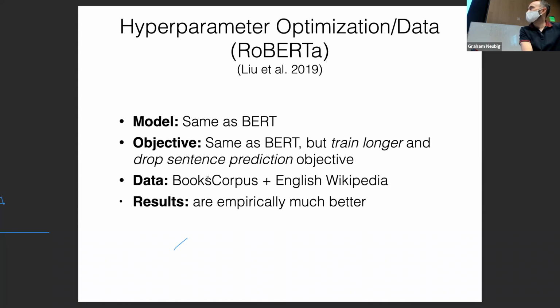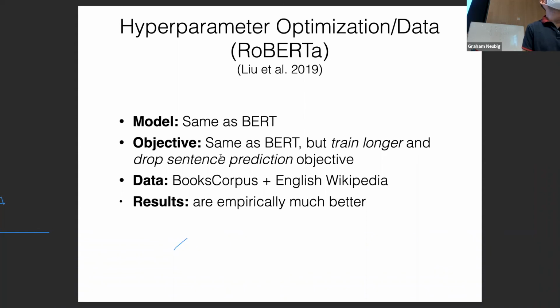I thought they actually had more data, but maybe I'm wrong about that. Basically what they did was hyperparameter optimization for BERT. They trained it for longer and did a few other small tweaks, and the results are much better. So the conclusion here is that the authors of BERT should have trained their model for longer, and then everybody would have been happier. If you're going to use BERT, you might as well use RoBERTa.